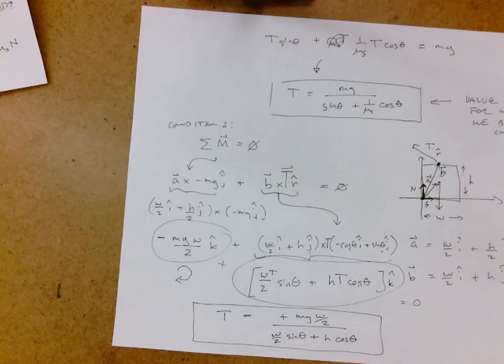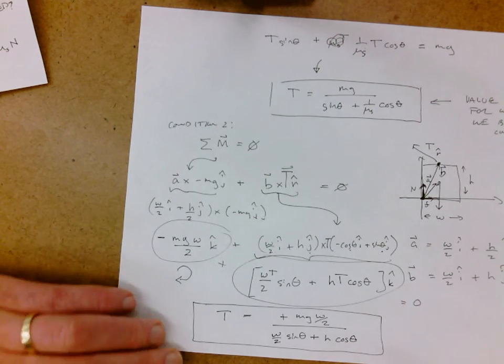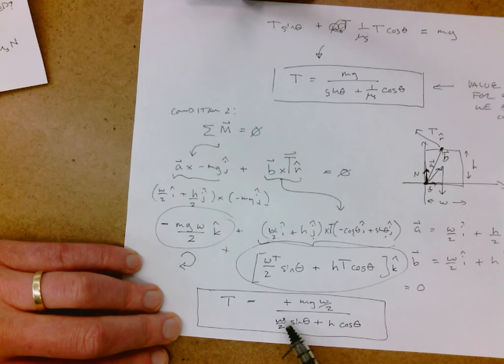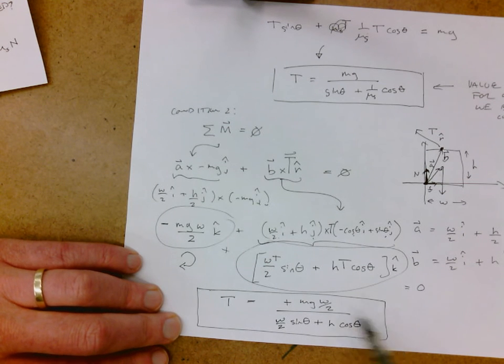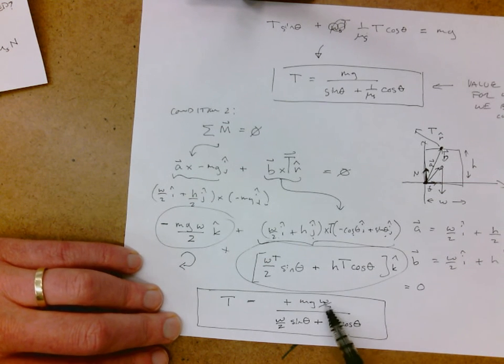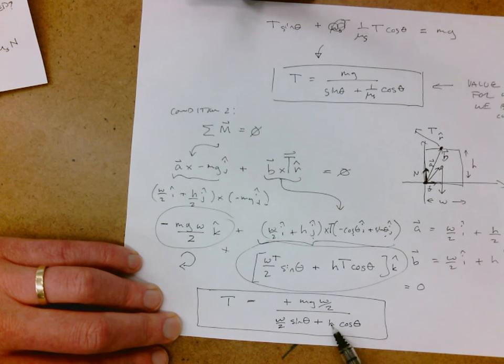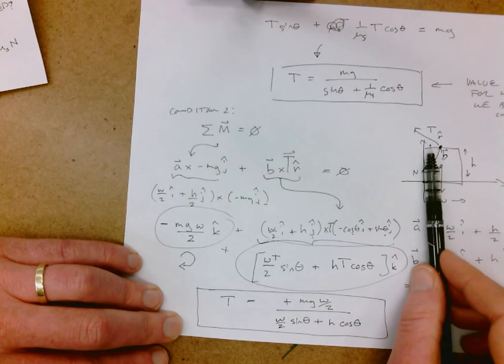Okay. Now we can take a second to think about this expression as well. Notice that when w is a lot less than h, what happens? Well, this is small, h is large, and so the tension that I need to tip it over is quite small when w is quite a bit less than h. That corresponds to a block that's really narrow.